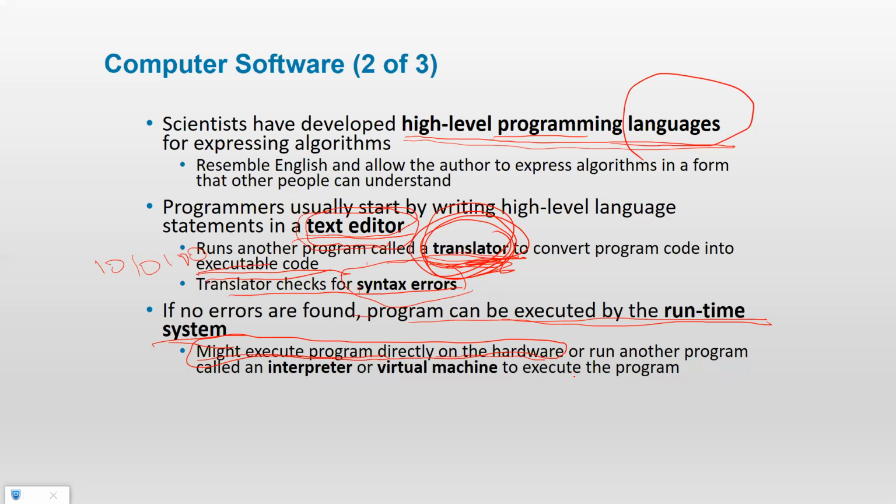But if you write it with a high-level language, it needs to be translated by an interpreter or virtual machine. Java uses a virtual machine. Interpreter is used by Python. Any questions?